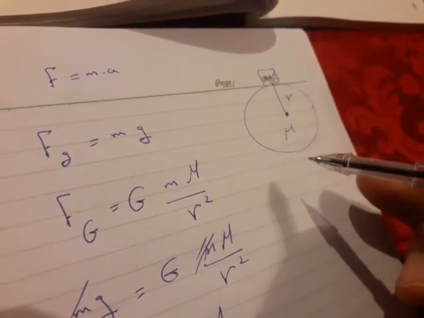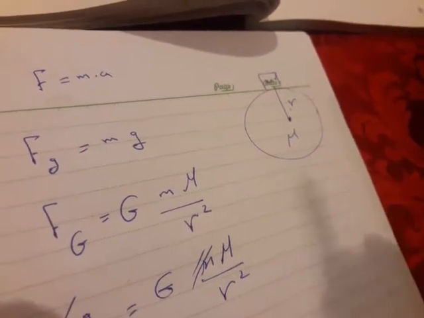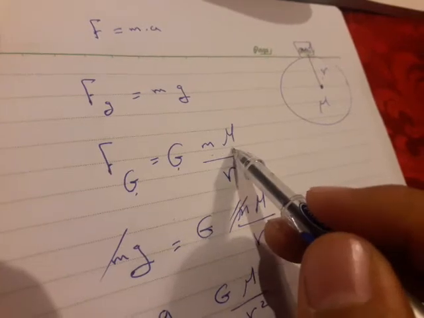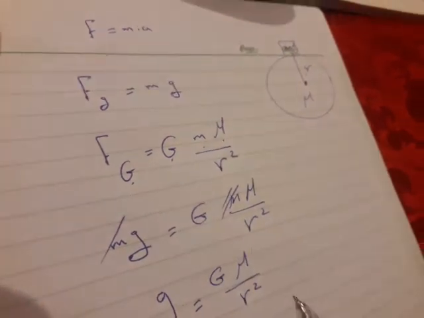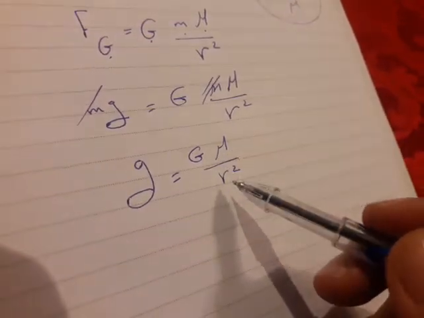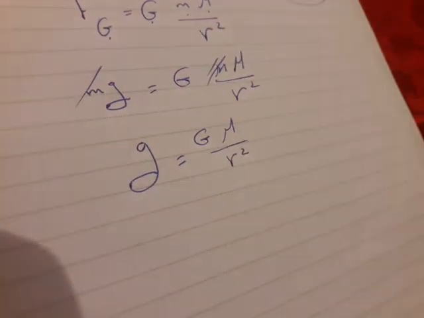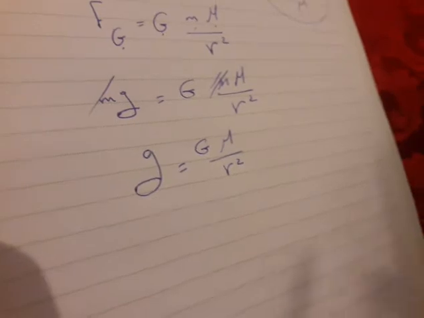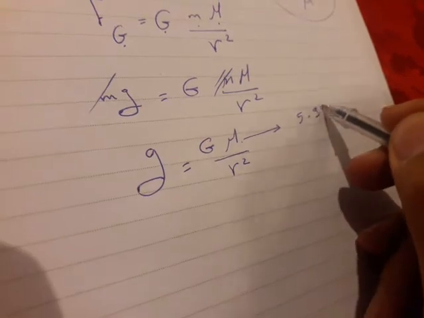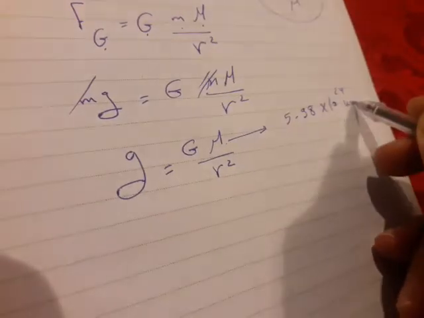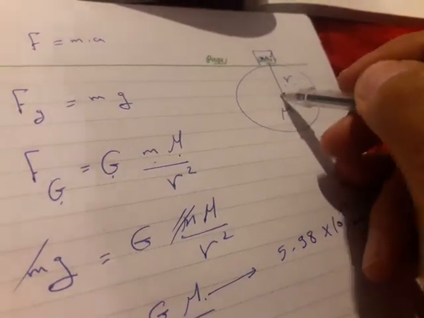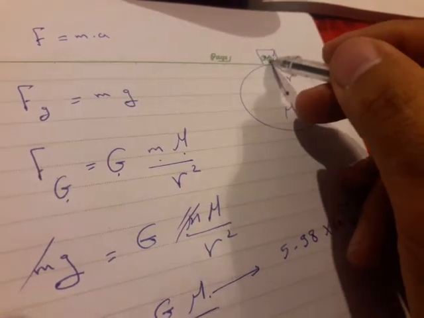So by applying the universal gravitational law, Fg equals G capital M of the Earth, small m, over R squared. So left equals left, right equals right. So g equals G capital M of the Earth over R squared. The mass of the Earth equals 5.98 times 10 to the power 24 kilograms. R is the radius of the Earth, the separating distance between the Earth's surface and the object's mass.